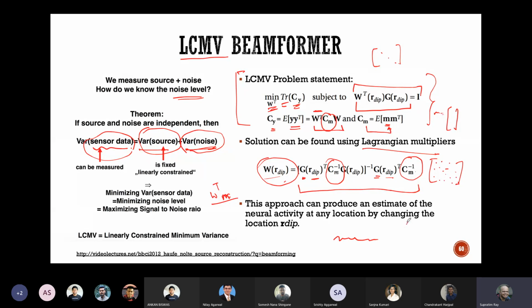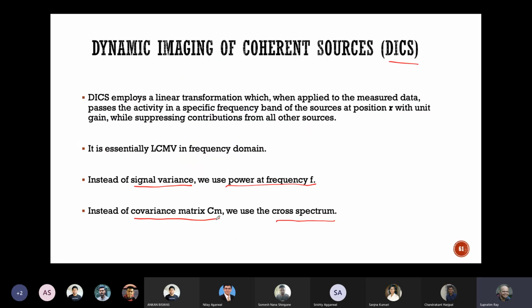So in my brain, I can find out whatever number of sources I have and have a time series there, and then take the Fourier transform and say how 40 hertz is distributed and 80 hertz is distributed and so on. So I could solve it in the time domain using LCMV and then take the Fourier transform. But I could actually do it directly in the frequency domain as well, by instead of using the covariance matrix, I use the cross spectrum.